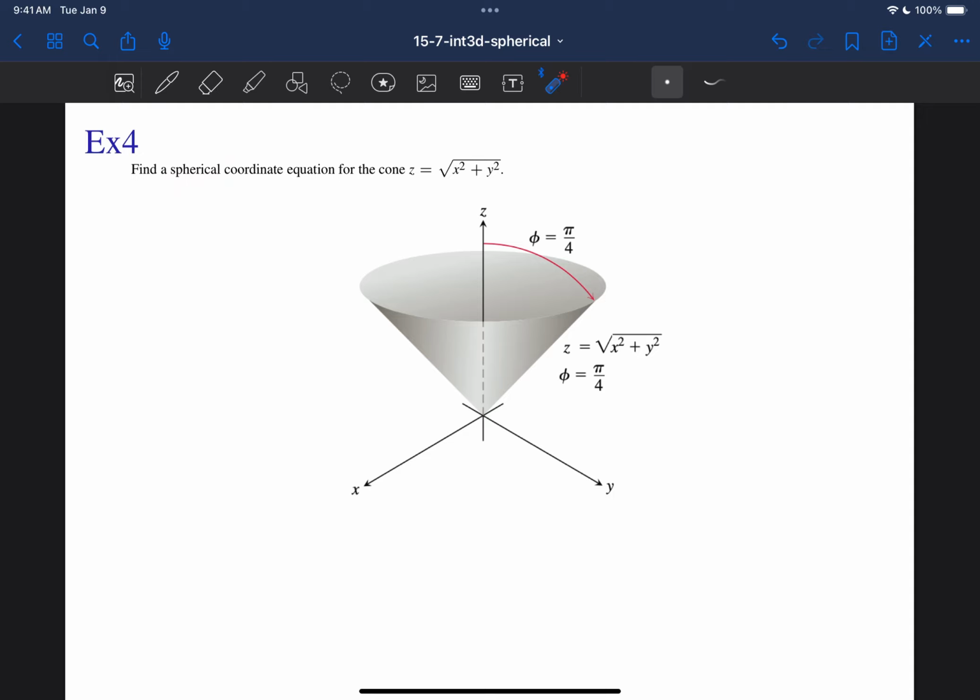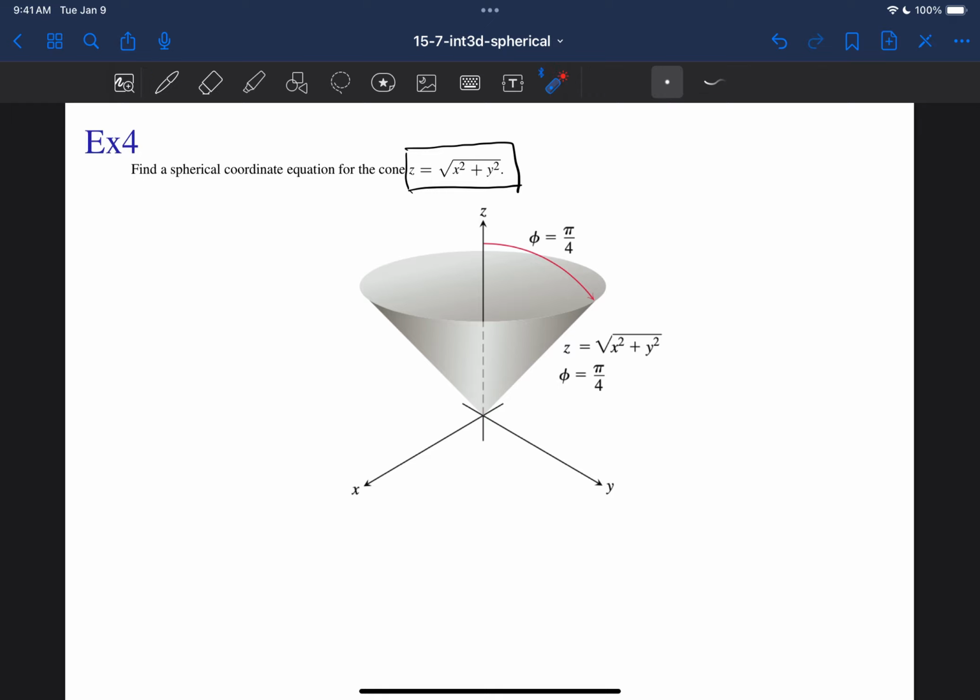There's a spherical, so we want to know what the spherical coordinate equation is for the cone z equals square root of x squared plus y squared. So if we have x, y, z coordinates, the equation of this cone is given by this formula, which is a little bit complicated.